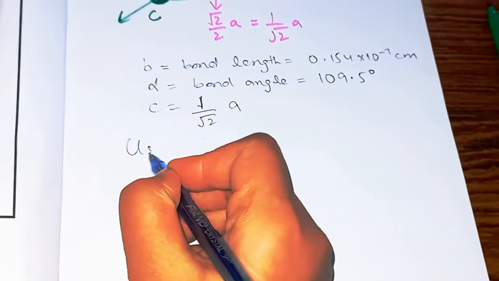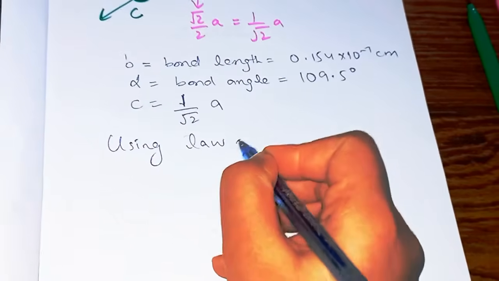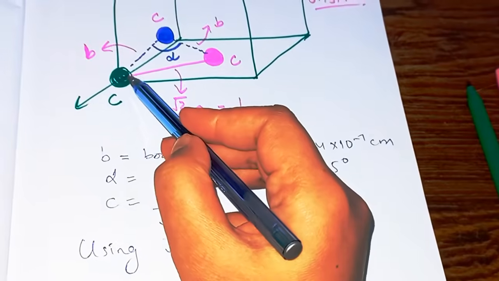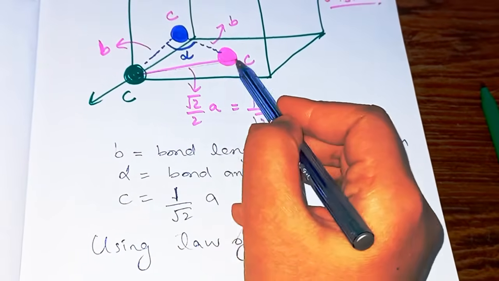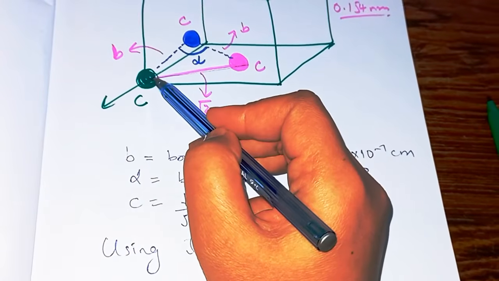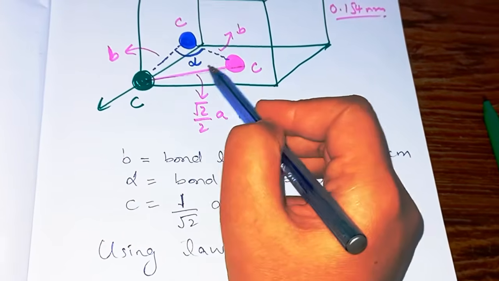So using the law of cosines, what happens is that you take one of the sides. I'm taking this side because opposite to this side we know the angle. You should choose only the side opposite to which the angle is known.